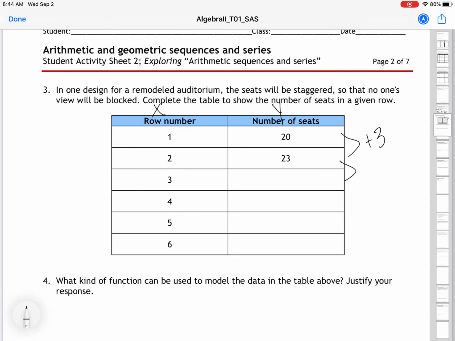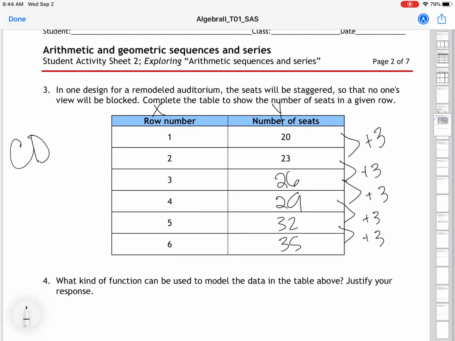So 20 plus 3, 26, 29, 32, 35, okay? So our common difference, because we're using arithmetic sequences, is a positive 3, because we are adding 3 every time, okay?